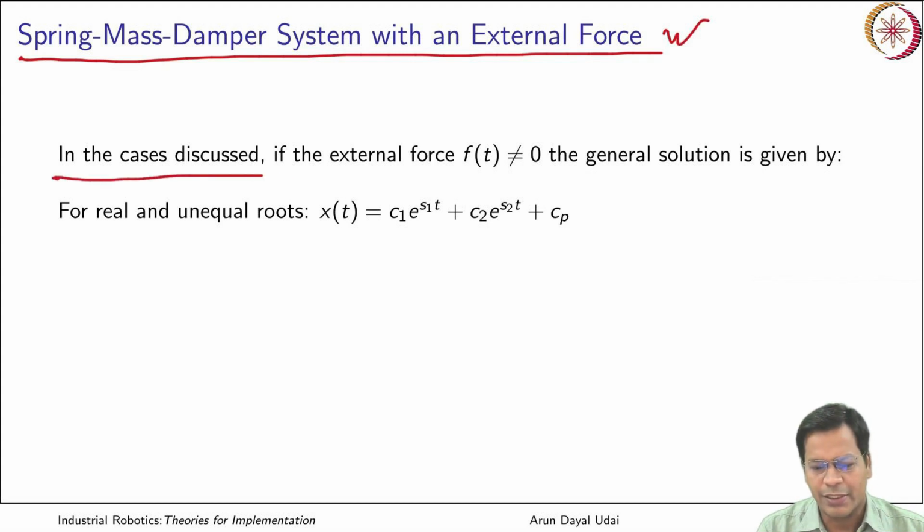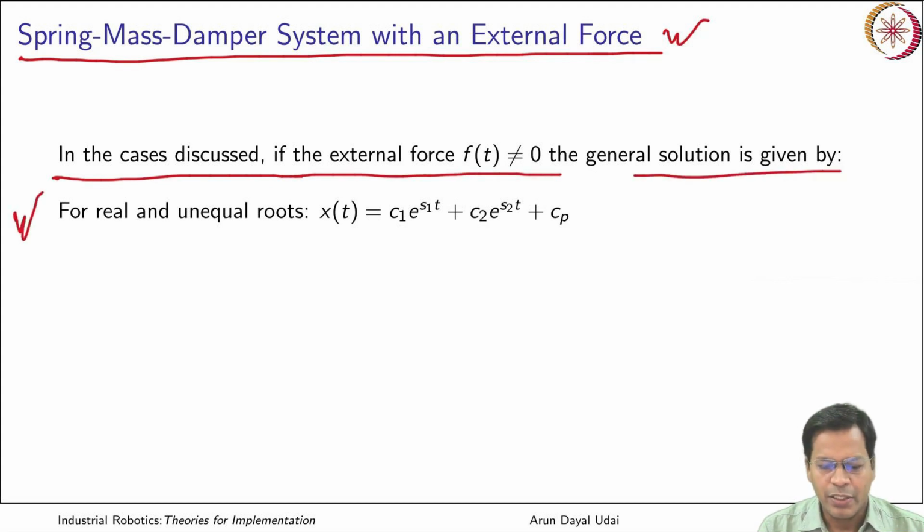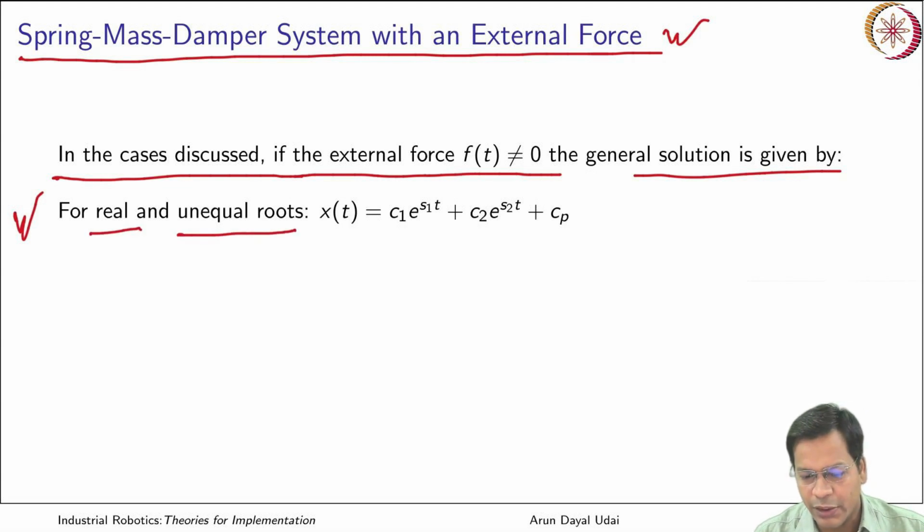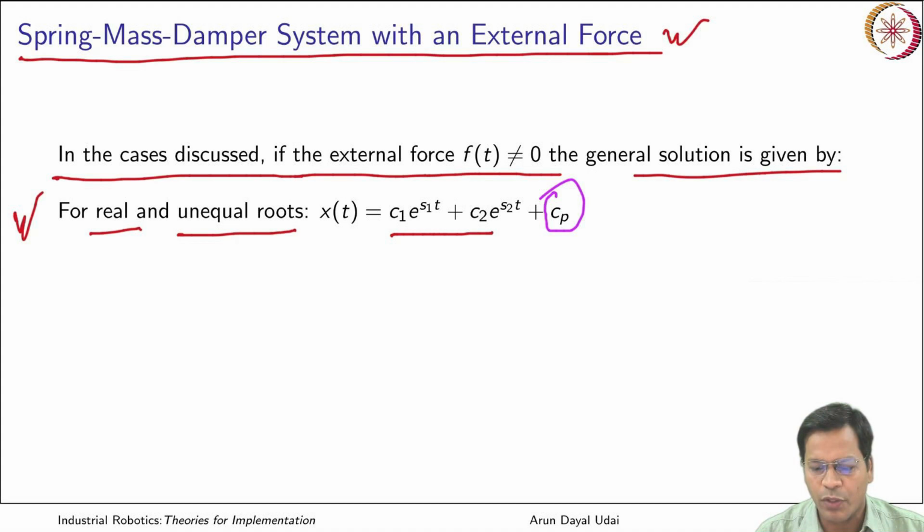So in the cases as discussed, if the external force is not equal to 0, the general solution in the first case, when the roots are real and unequal, you should see a similar result. The only thing that will change here is the term which is here. So apart from the constants C1 and C2, this is the additional constant.